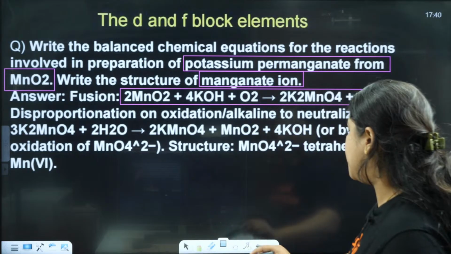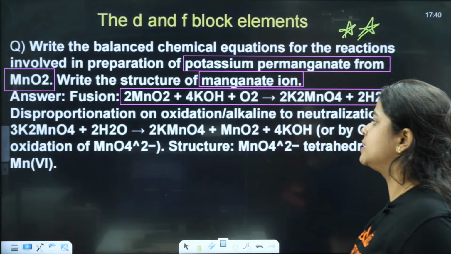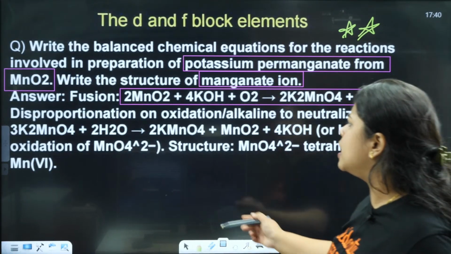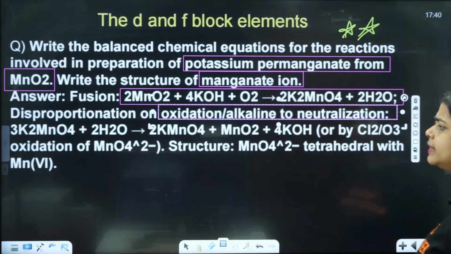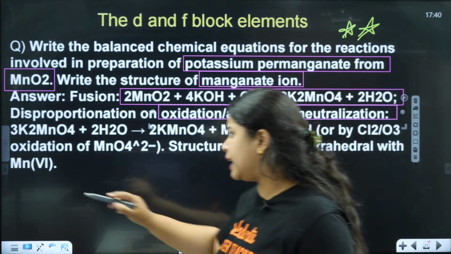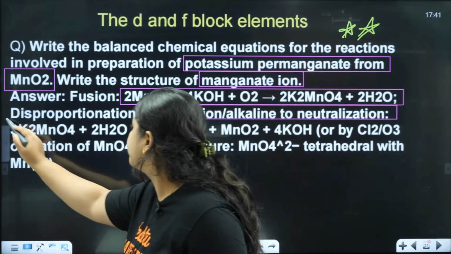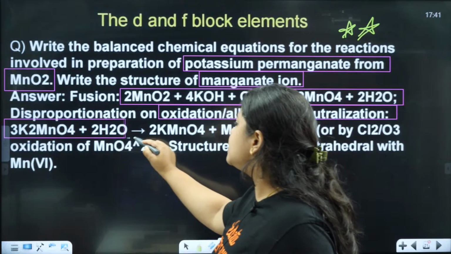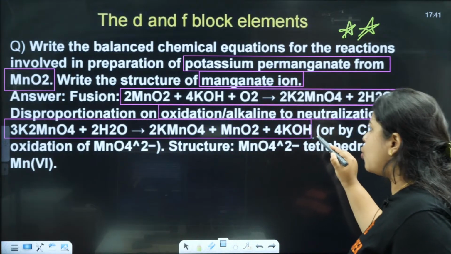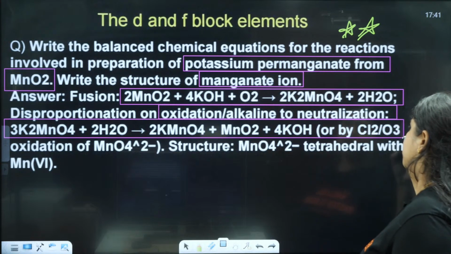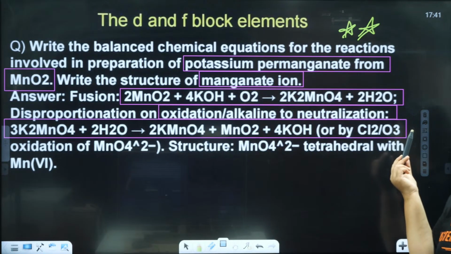Balancing is a very important question. Understood? Yes. So what happens on disproportionation in acidic or neutral conditions? K2MnO4, okay. 3K2MnO4 plus 2H2O will form KMnO4 plus MnO2 plus 4KOH, by Cl2O3.